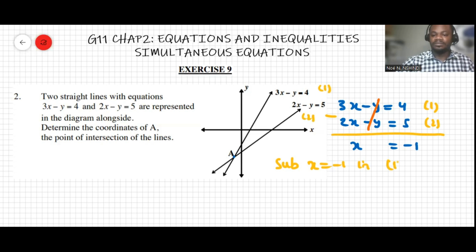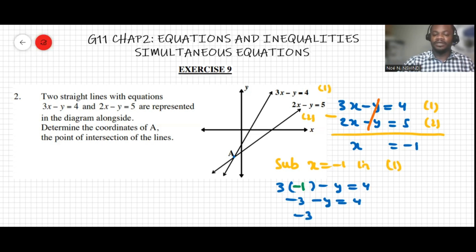In 1 or 2, I prefer 1. So this is going to be 3x minus y equal 4. We sub the value of x. Actually x is negative 1, and then this will be negative 3 minus y equal 4. So I move the negative y over and the positive 4 over.